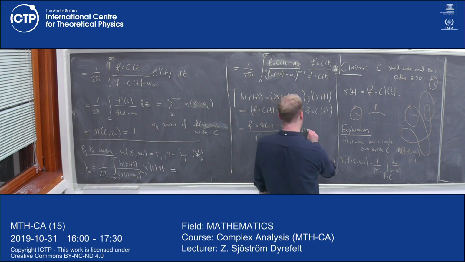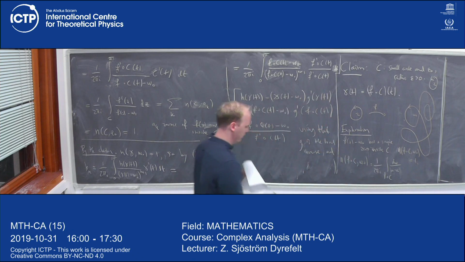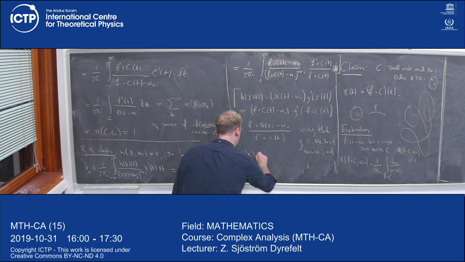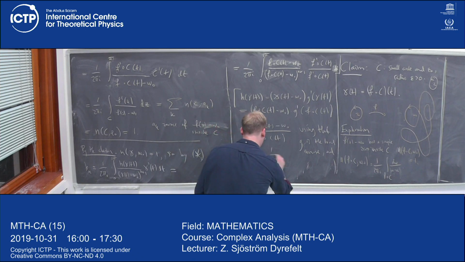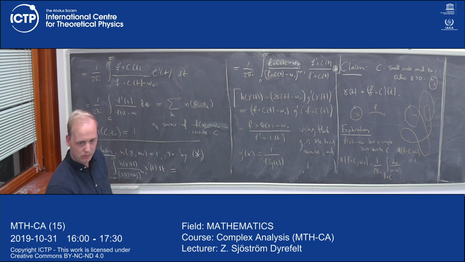Using that g is the local inverse, and then I use the derivative of the inverse, right? So g prime of x is equal to 1 over f prime of g of x, right?